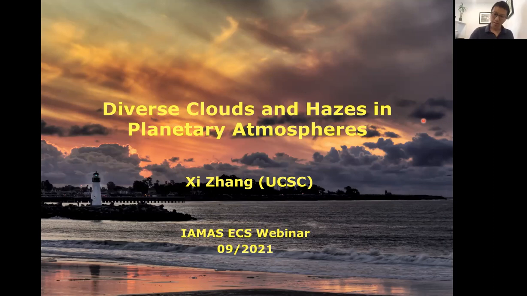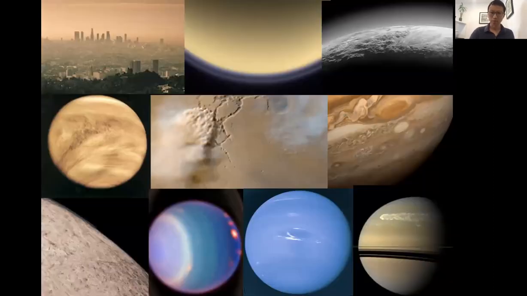Okay, and first, just to give a very simple introduction, by showing beautiful pictures of different planets, including the air pollution picture on the left, upper left panel.